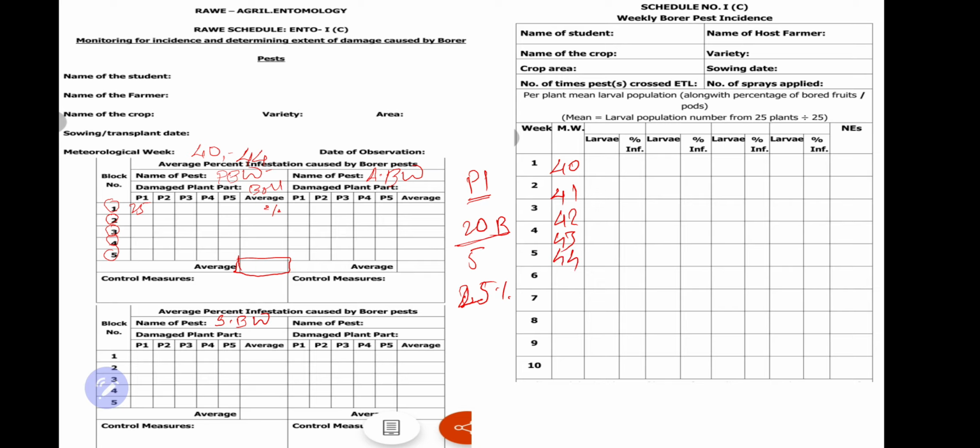It is not necessary that you have to observe the larvae inside the boll, inside the fruit or inside the pod. You can skip the number of larvae observed and directly mention the percent infestation. Here it is for pink bollworm, American bollworm, spotted bollworm.